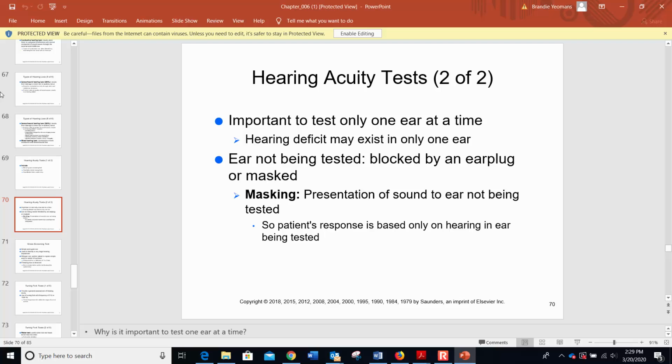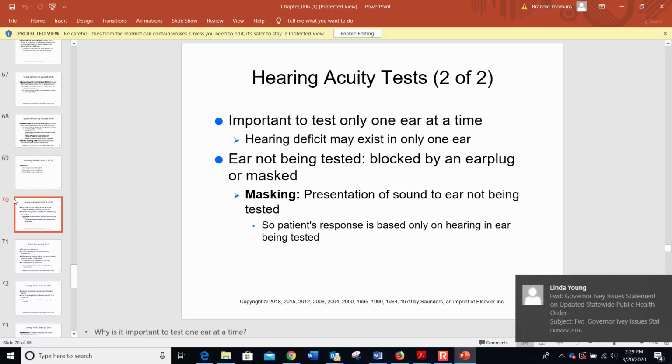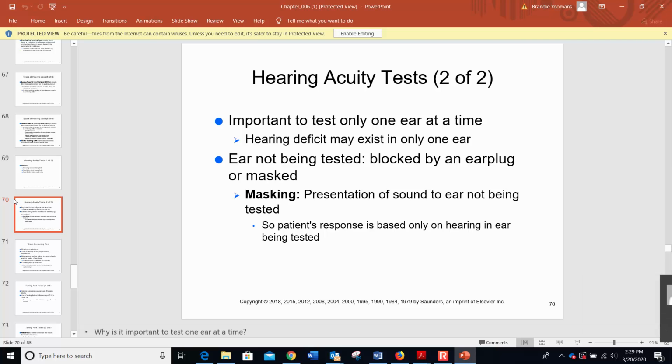So the different ways that we assess hearing, we can use tuning forks, we can do a whisper test, we can use an audiometer and assess the patient's hearing. And what we're doing that for is to get a good baseline before we actually start doing different things, if they're coming in for an injury or what have you.